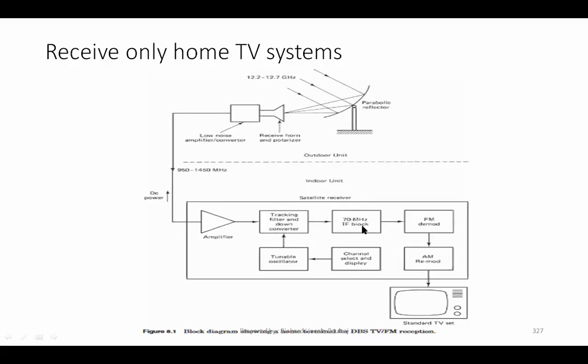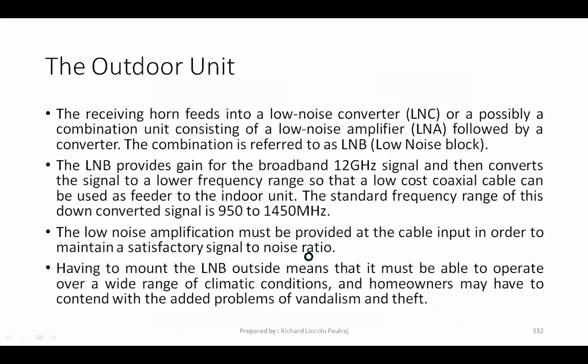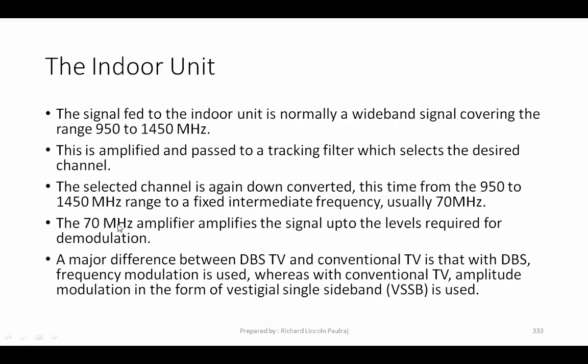So it will take the 70 megahertz as this intermediate frequency, and from there is your demodulation, then remodulation, and the selecting. The selecting of channel happens with the help of an oscillator. So we have seen these concepts, right? The 70 megahertz is your intermediate frequency.